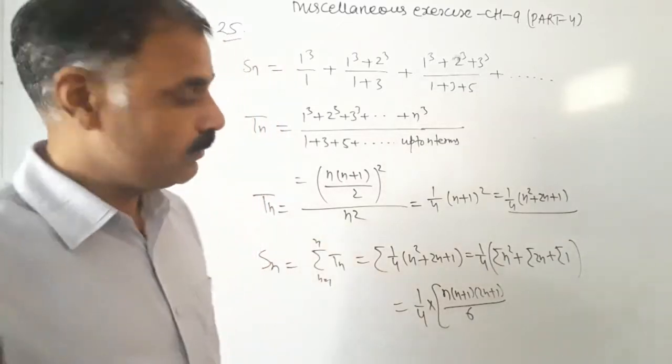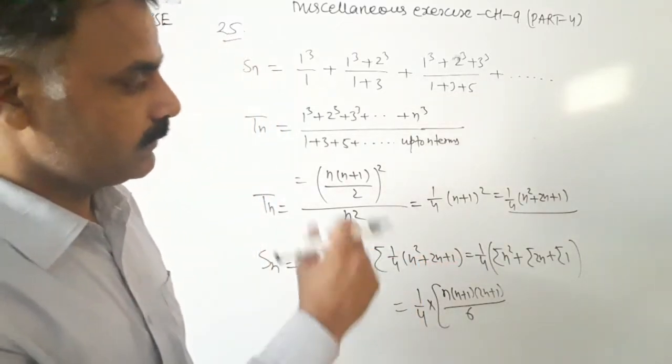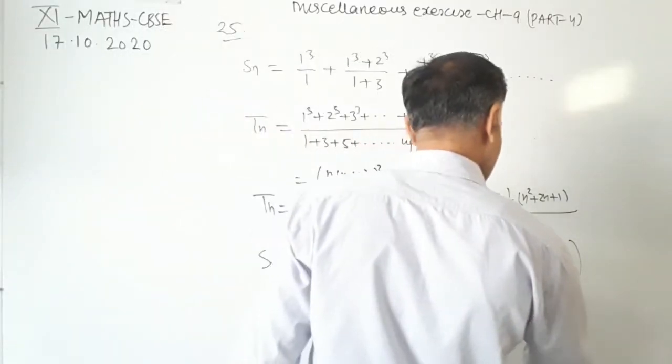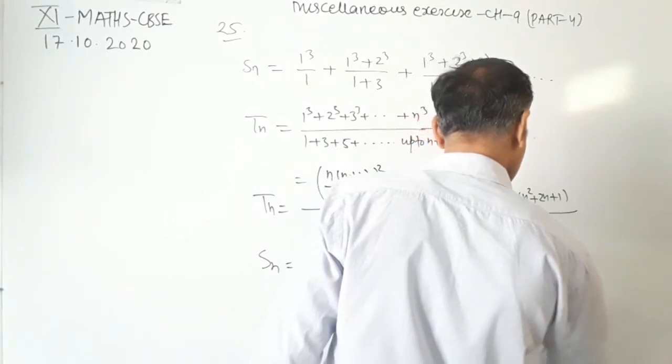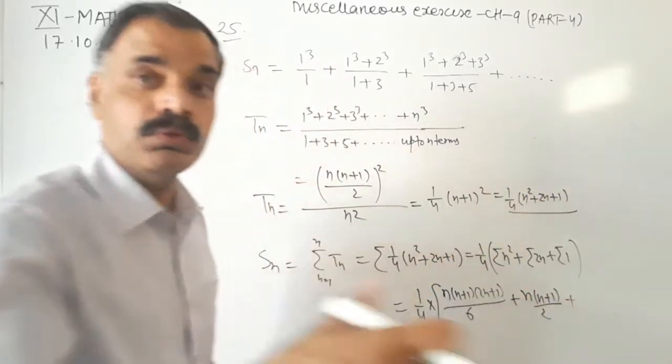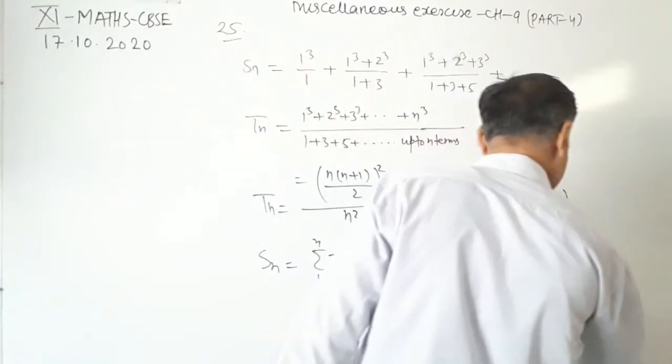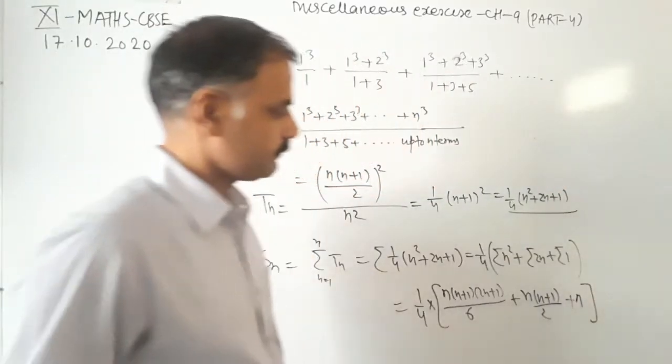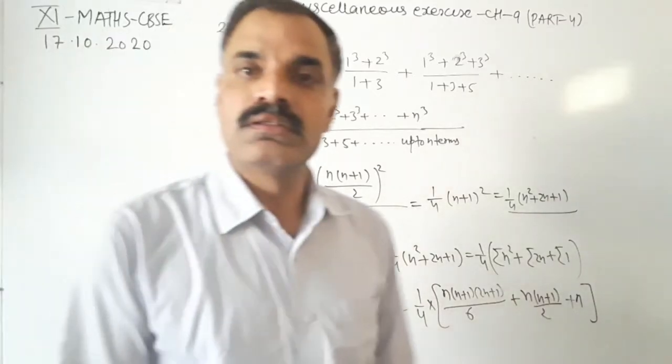We know summation n is n into (n plus 1) by 2, and summation 1, that is 1 plus 1 up to n terms, is n. Now we have to solve this.